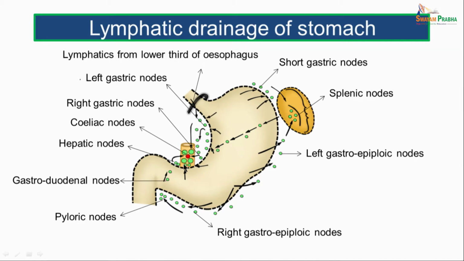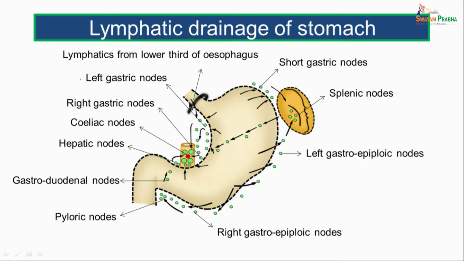Superior to the pyloric antrum, we see the hepatic group of lymph nodes. Along the lesser curvature, from superior to inferior, we see the left gastric nodes and the right gastric nodes. These nodes drain the lymph from the respective areas and ultimately drain the entire lymph into the celiac group of lymph nodes.